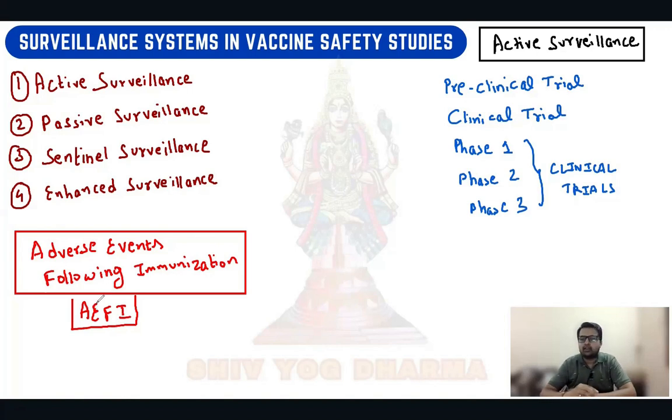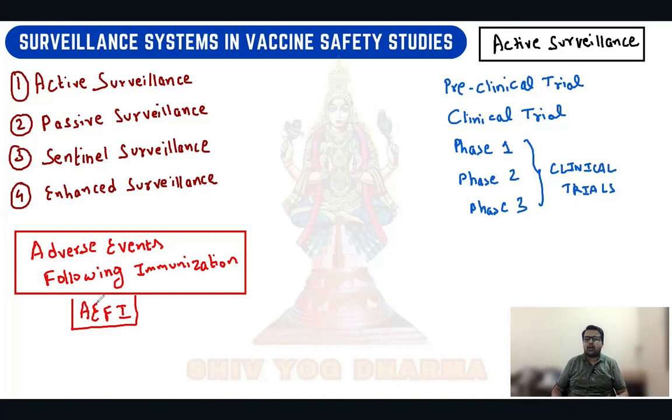If we invented a vaccine with no side effect, that would be an ideal, perfect vaccine. That is what we want. Then we could say this vaccine is 100% safe, because it hasn't shown any adverse events following immunization, not anywhere in the world.